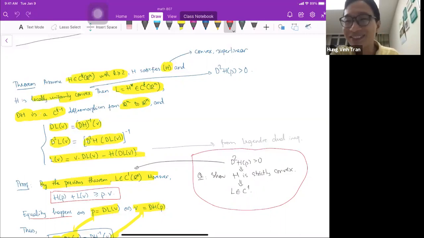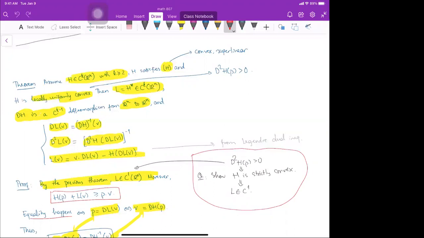Just the mechanisms and the ideas, and we can always reformulate what we have in our minds. But that's very important actually. For us, many times we have an a priori estimate that helps us go from locally uniformly convex to uniformly convex cases. So that's fine. I see. Thank you.